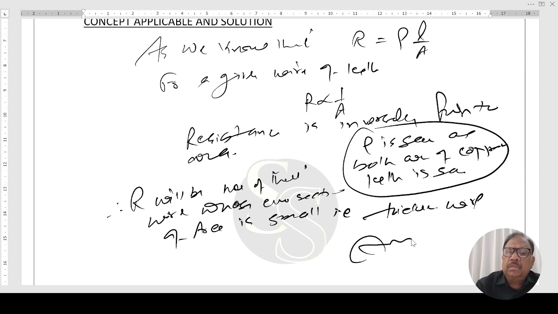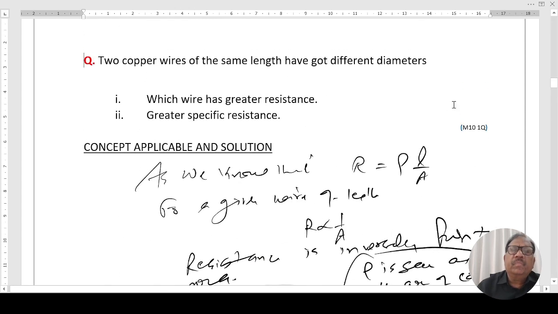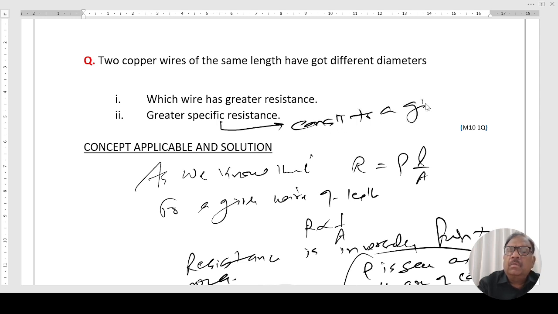That is the answer. The second part is greater specific resistance. This will be constant for a given wire at a given temperature. Right. Next question.